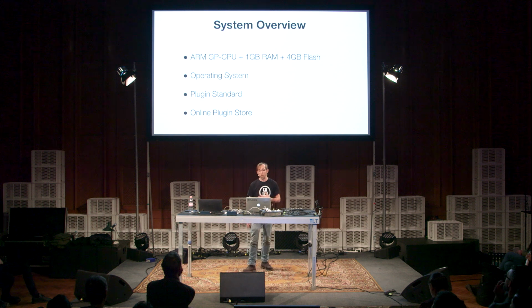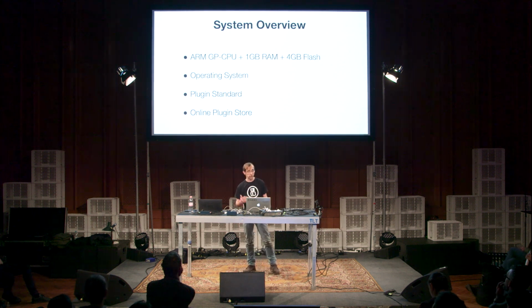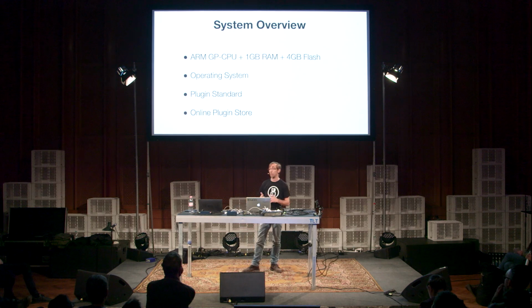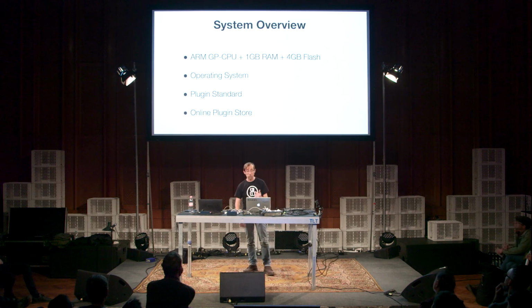From a system overview, what we have is actually a computer that has an ARM general purpose CPU inside and not a DSP. It has an operating system, a real operating system. We have a plugin standard that we support, and we have an online plugin store where developers can publish plugins and distribute them to the community. In terms of operating system, we use Linux.